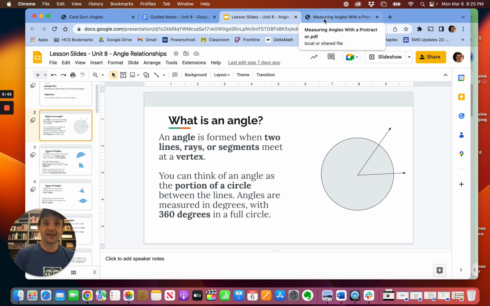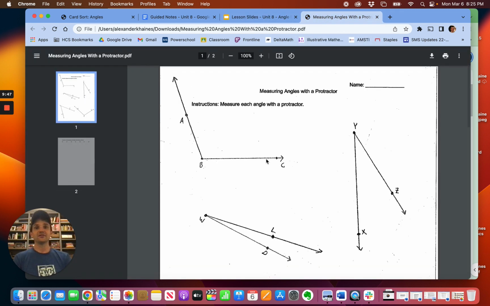And then I just handed out protractors and handed out this sheet that I made last year, where the students just measured angles with a protractor. And the big thing that I really cared about here was, every time, first of all, are they placing the protractor correctly?